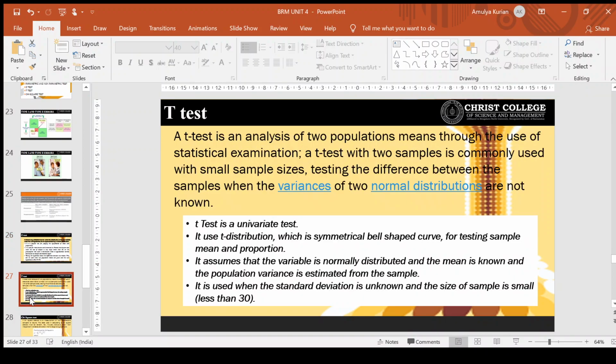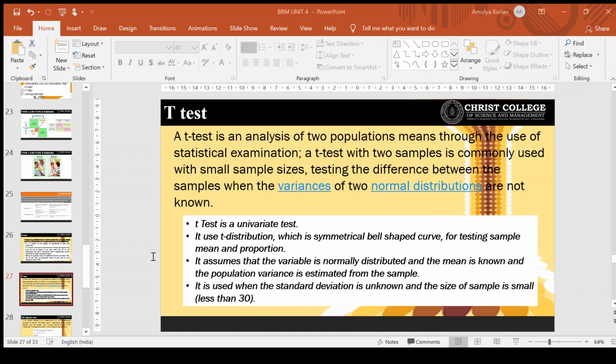Now coming to the t test. T test is similar to or almost same as Z test, but here the thing is a t test is performed when population standard deviation sigma is unknown, and the sample size is less than 30.